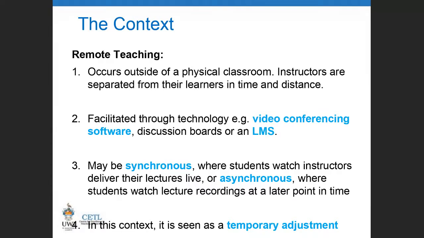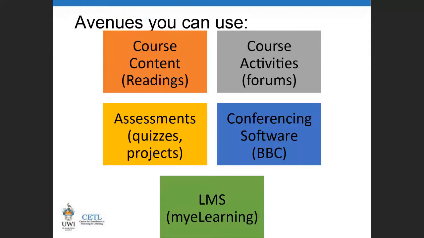So, like I said, there are avenues you can use for your teaching online. Of course, you're going to look at your course content or readings and your course activities and assessments, which MyLearning will encompass all of these. And of course, your conferencing software, BBC.